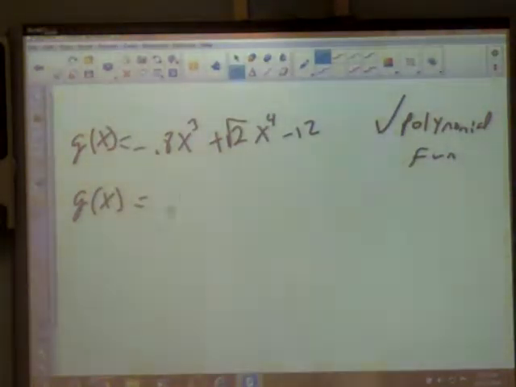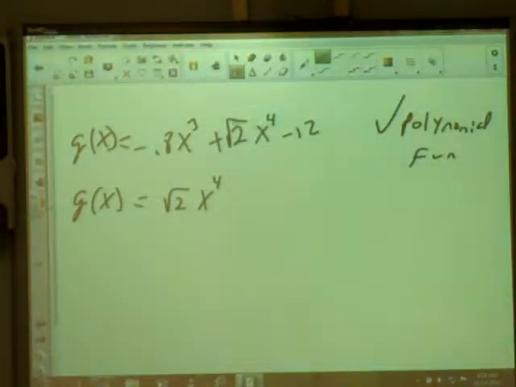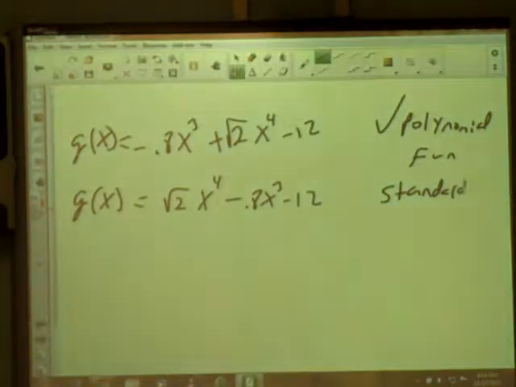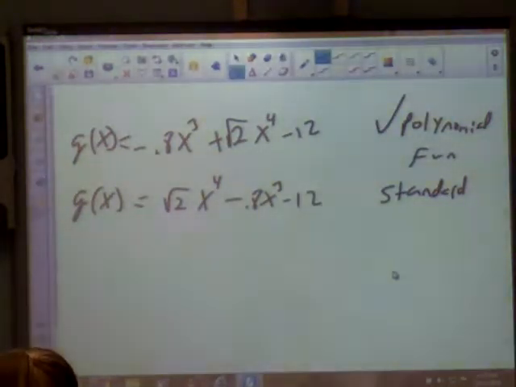So I need this square root of 2 x to the 4th to be first, and then next will be the third, and it's a negative, so minus 0.8x cubed, and then my constant would be last. So there is standard form. Oh, so that x isn't under the square root. Nope. Alright, so we got it in standard form.